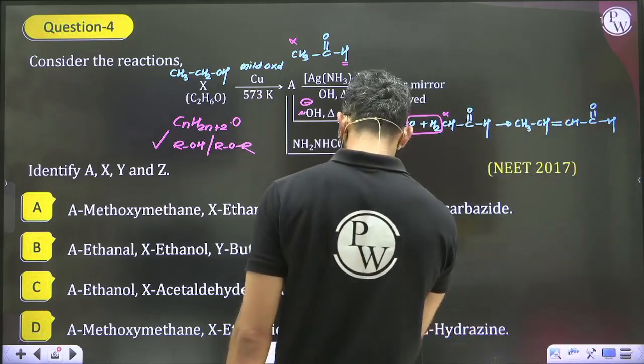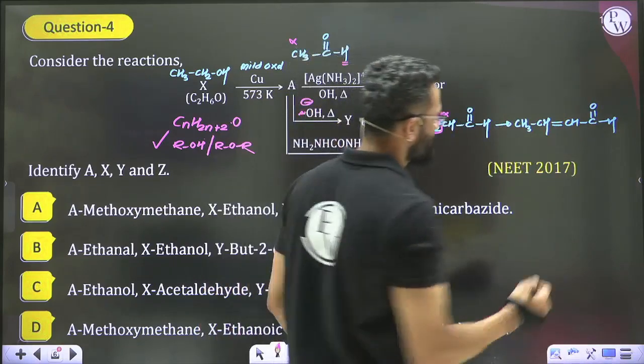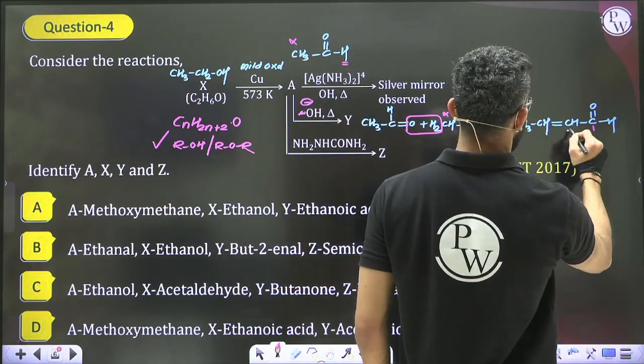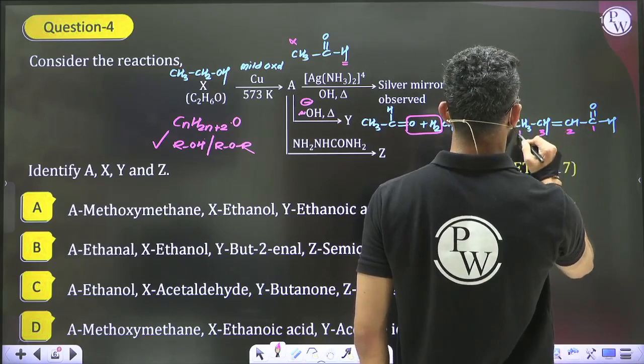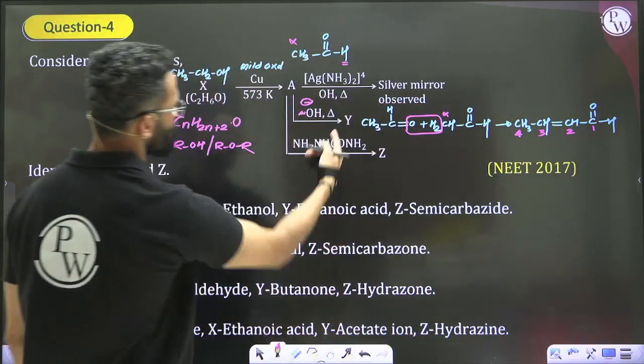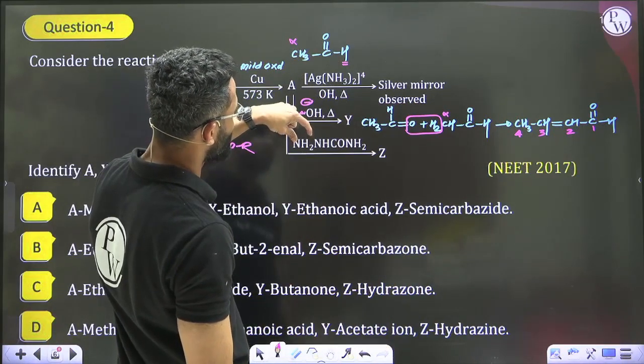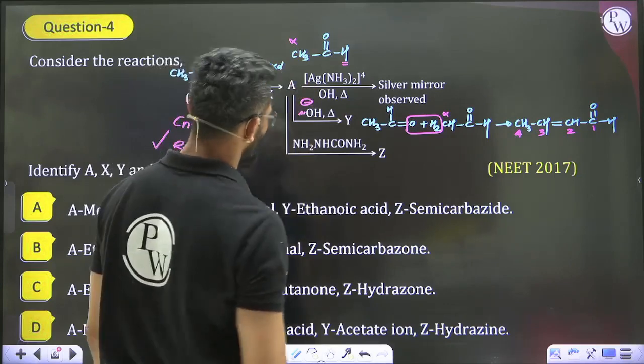If you assign an IUPAC name to this compound, commonly it is known as crotonaldehyde, but according to IUPAC, 1, 2, 3, 4, but-2-enal. So why is it but-2-enal? And the same aldehyde upon reaction with semicarbazide will produce semicarbazone.